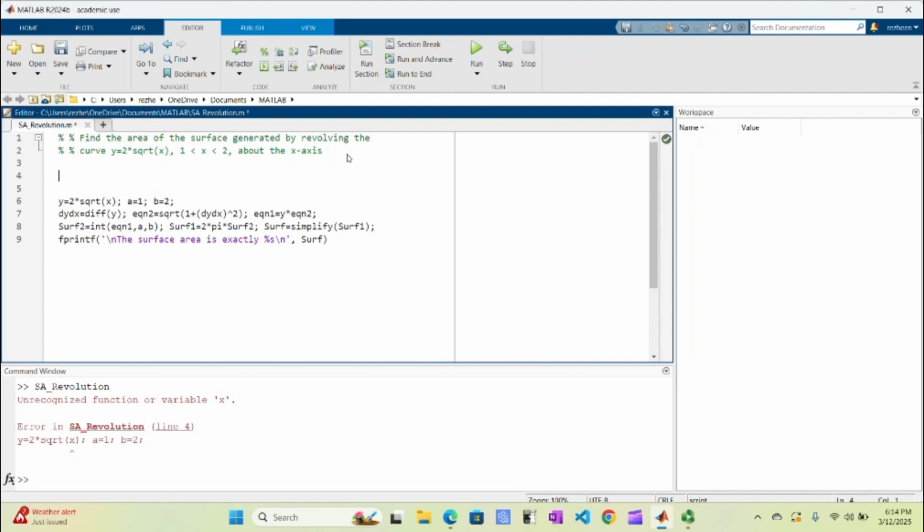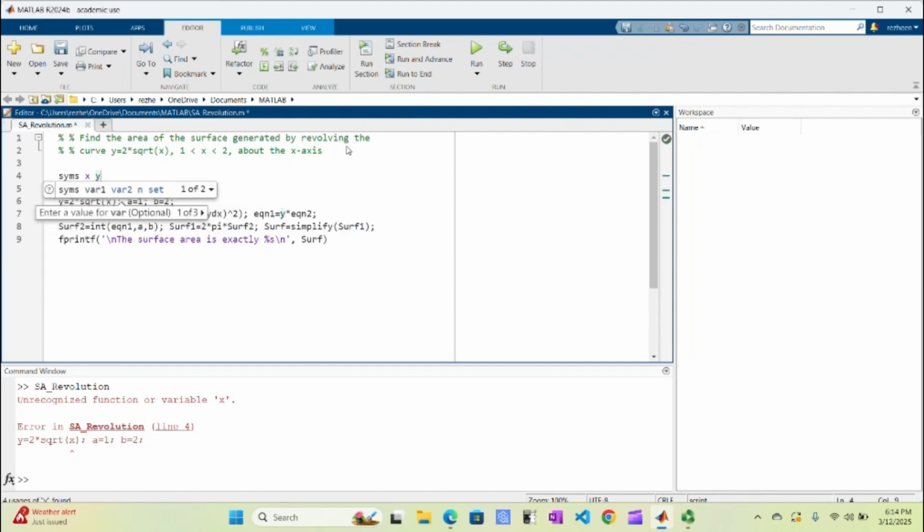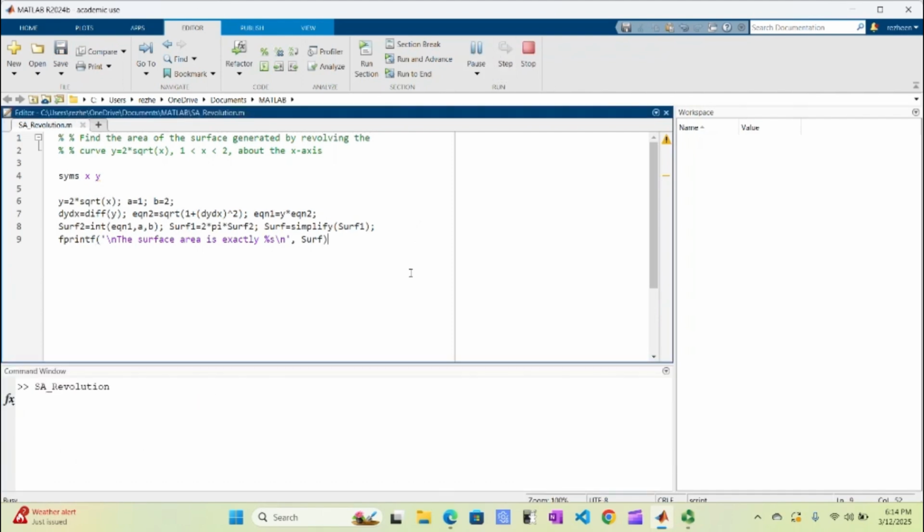Oh, I need to symbolically define x and y. So we say syms x y, like this. All right, let's go ahead and run it again. All right, it says the surface area is exactly negative 8 pi times 2 square root of 2 minus 3 times the square root of 3, divided by 3.